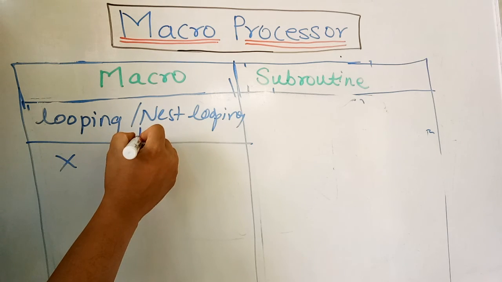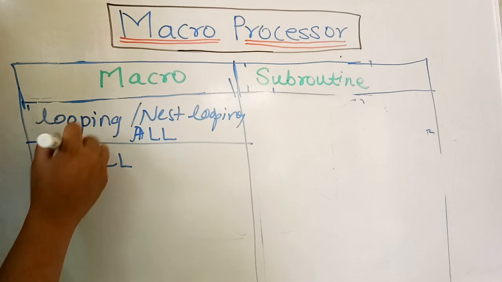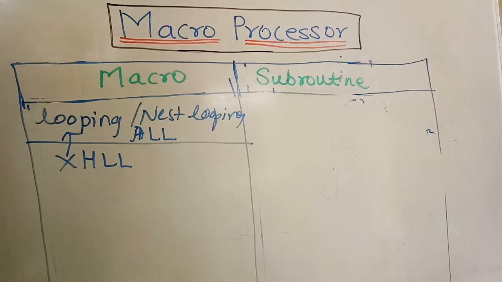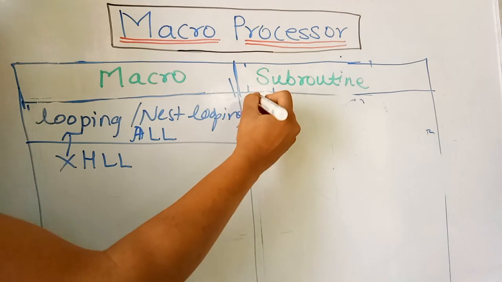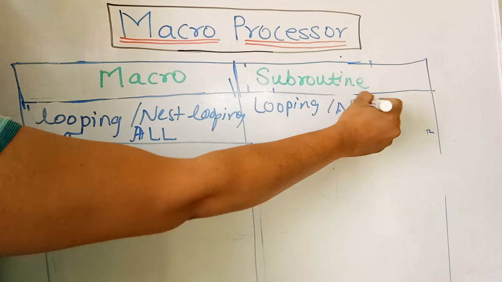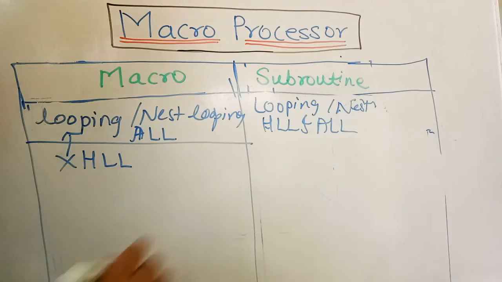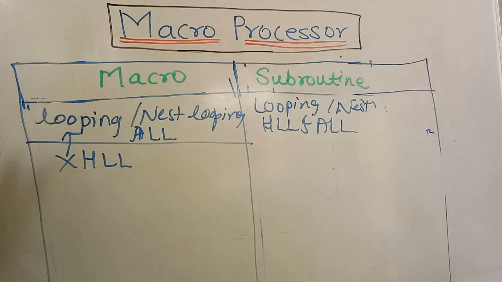It is used in assembly level language, but high level language does not support this facility. In terms of a subroutine, we can use looping and nesting in subroutines. Looping or nesting can be used in the high level language and assembly level language also. A macro has some barriers, but a subroutine does not have any barrier.